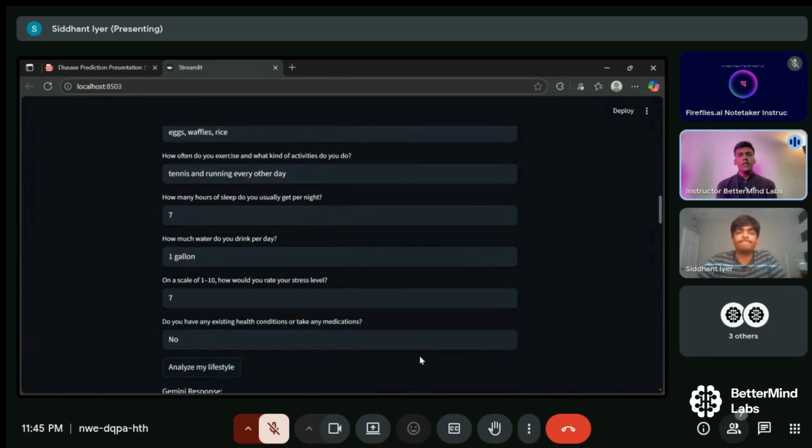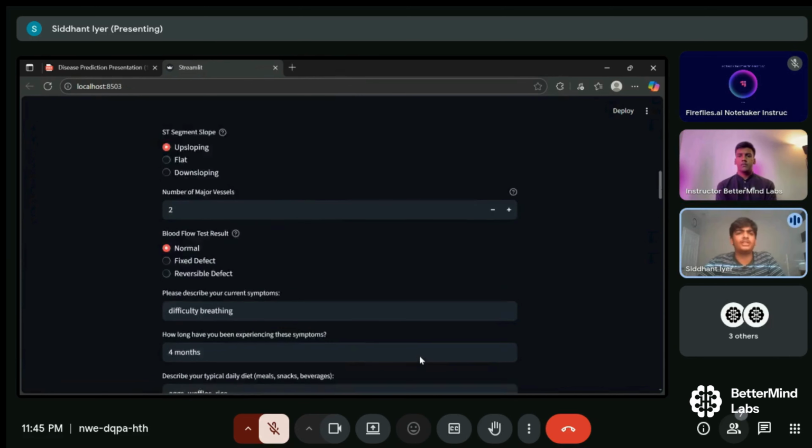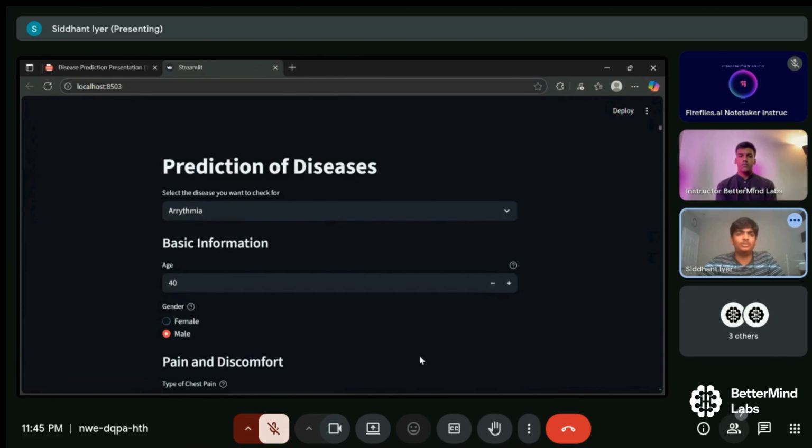Great demonstration. By the way, what were some challenges that you faced during this? Some challenges. One, the asthma model. It was a little faulty at first because some of the categories used in the data set were a little hard to understand. So we had to clear that up.